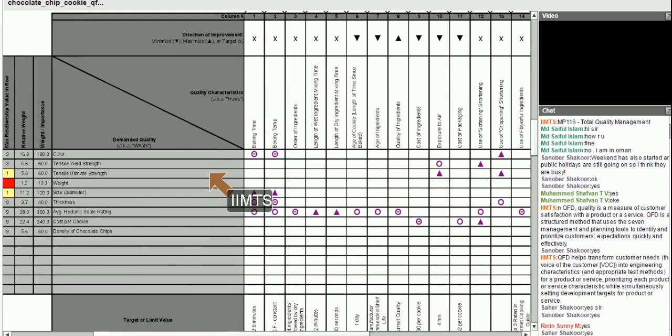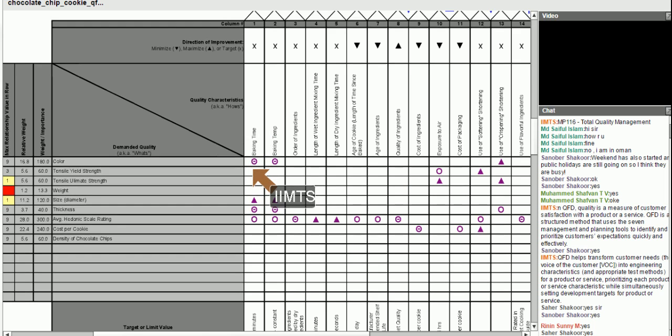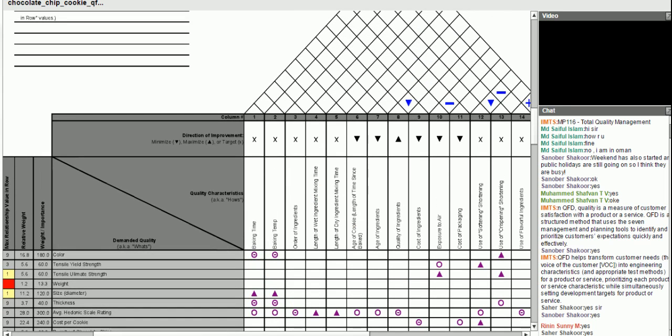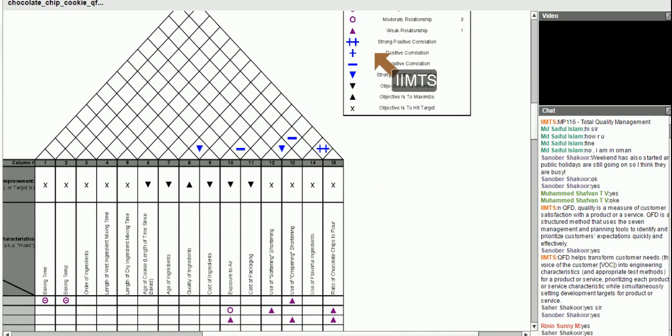They match their characteristics with what the customer wants. They try to correlate those things. Like color and baking time, it is minus. See here, minus means negative correlation. Negative means they don't have any correlation.